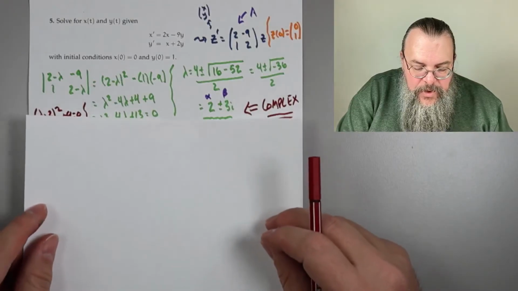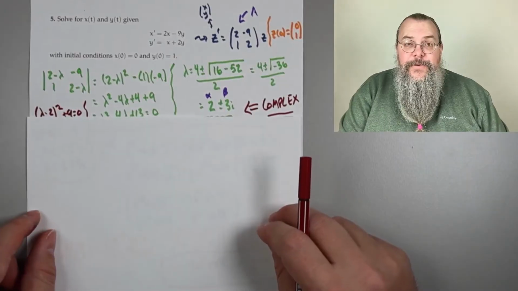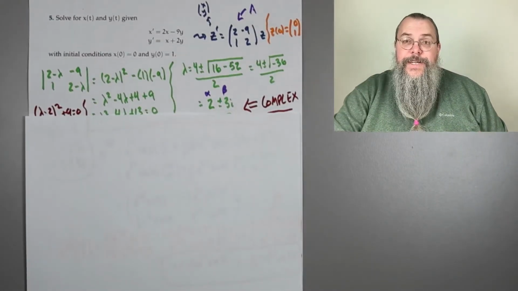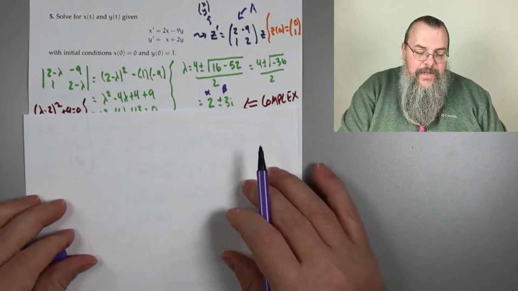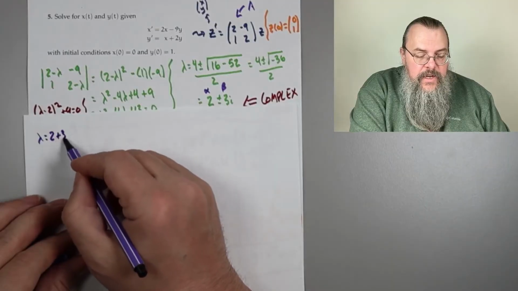And so let's suppose we got down to our complex roots. What do we do from here? Well, now we're going to go after an eigenvector. So we have lambda, that's 2 plus 3i.